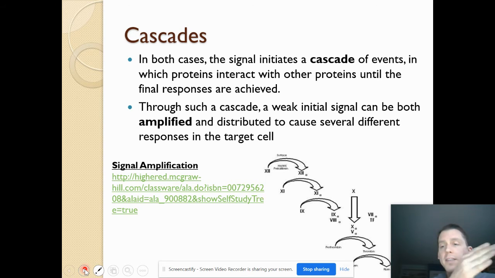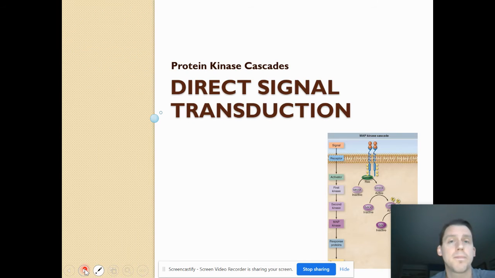One thing activates another, which will activate another, which will activate another. Cascades are important because they can help with amplification. This can make a very weak signal very strong. And we'll also talk about amplification a little bit.